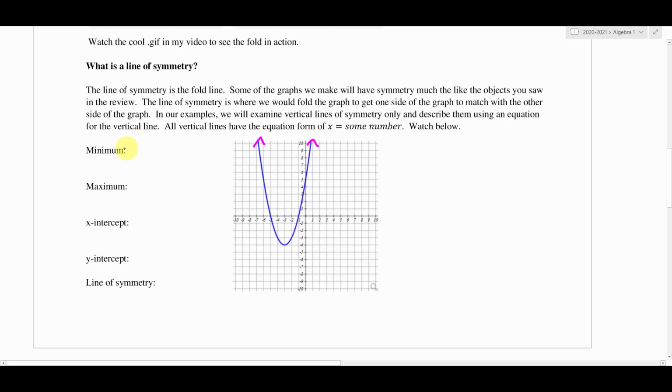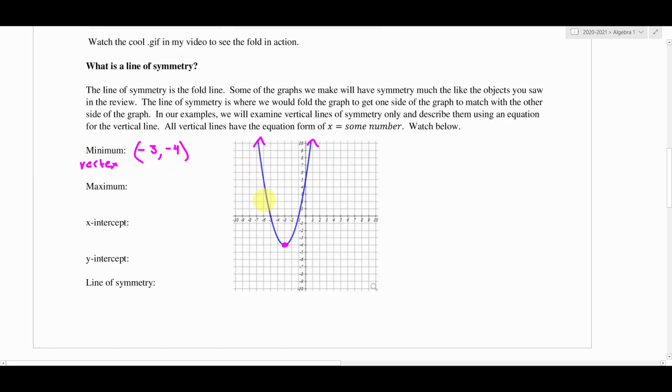Okay, so let's talk about the minimum, right? We're looking for the lowest point on the graph. So going up and down, I'm looking for how low I can go on the blue parabola. And that would be right here. Here's the lowest point. Okay, and that point is located at (-3, -4). So I'm going to describe the minimum as this point, (-3, -4). We also call this a vertex.